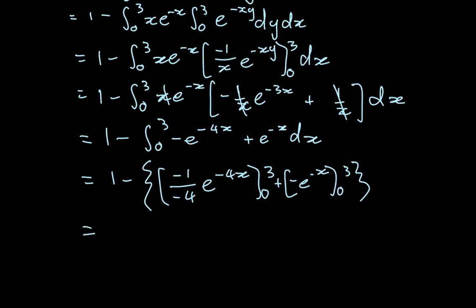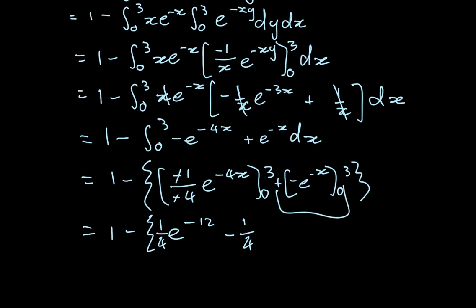Okay, now these two negatives will cancel, become positives, and it's 1 minus this here evaluated at 3, so it's e to the negative 12, because 4 times 3 is 12, and then minus, sorry, this is 1 over 4 too. Then we have 1 over 4 times this, where x is evaluated at 0, so it's just 1 over 4 times e to the 0, which is 1 over 4 times 1.